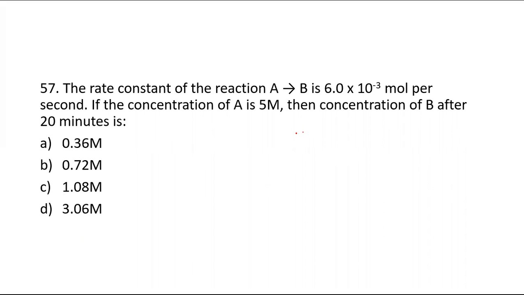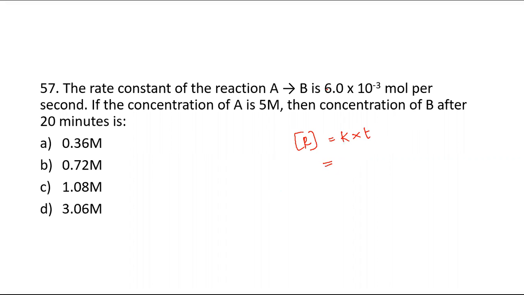Okay, so here we can take the concentration of B as equal to k into t. Only the concentration of B we are considering, after 20 minutes, which is equal to k into t.